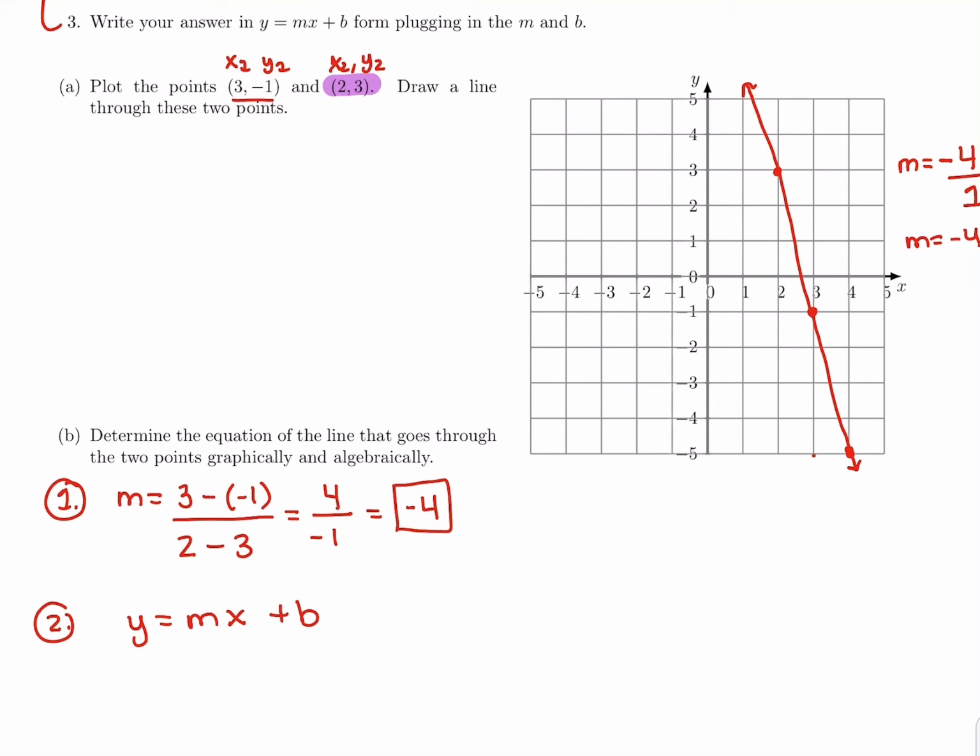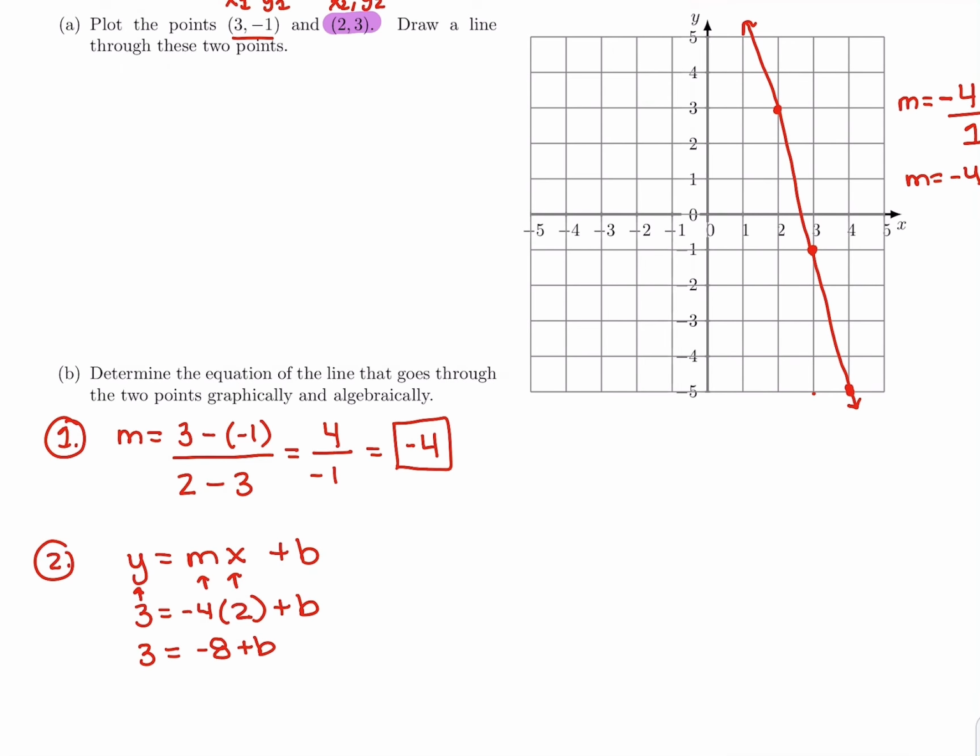So the y value of that point is 3, so I'm going to replace y with a 3. The slope is negative 4. The x value of the point is 2, plus b. So I get 3 equals negative 4 times 2, which is negative 8, plus b.